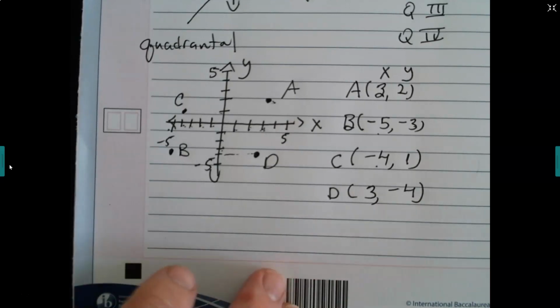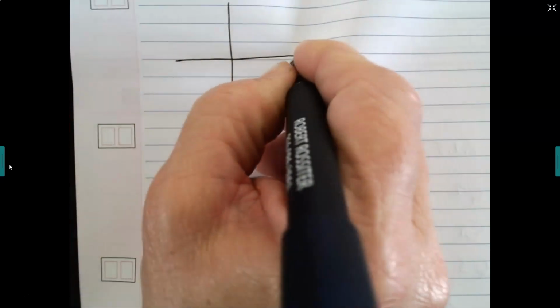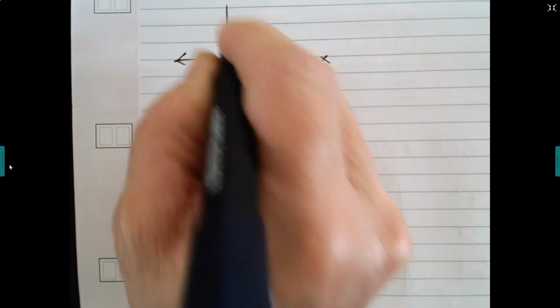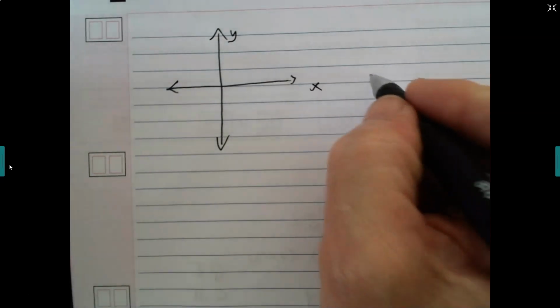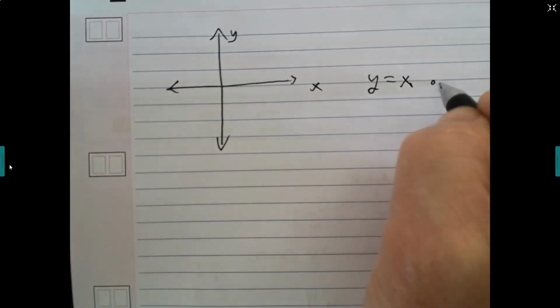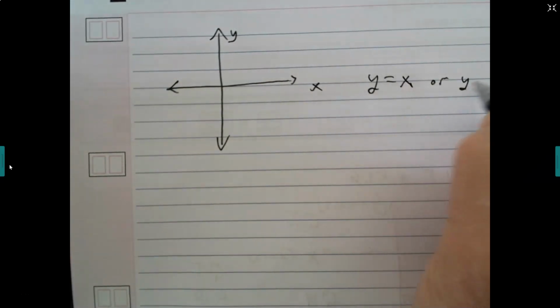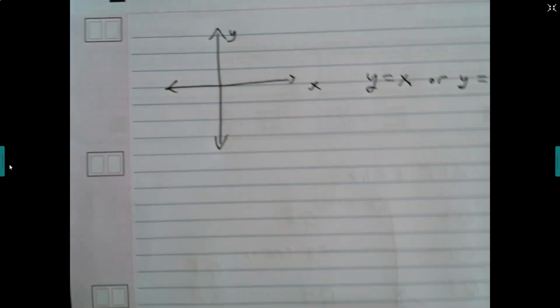Okay. Now, one other thing that you're going to need, I'm going to go through with you. I'm going to go back to the coordinate plane again. And let's say we have y equals x, or we have y equals -x.